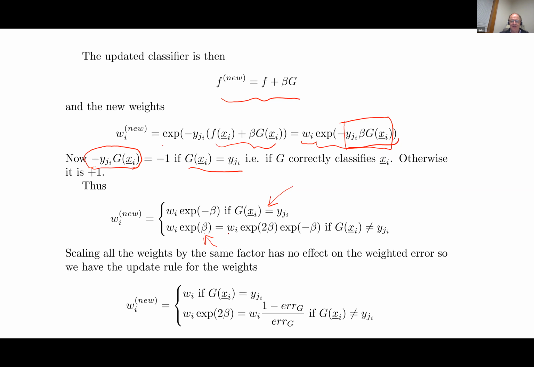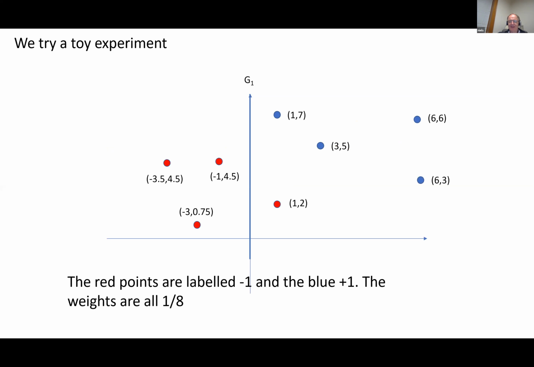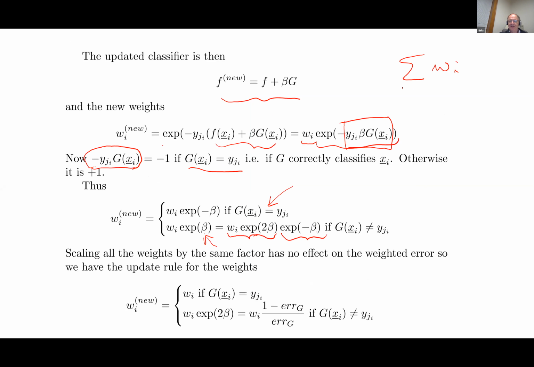And we're going to write this in this way here: w_i times exp of 2 beta times exp of minus beta. And the reason I'm going to do this is because now I have the same factor here. I have an exp of minus beta here. And if you remember what the error was, there was a sum over the w_i's where it's misclassified, divided by the sum of all the w_i's.